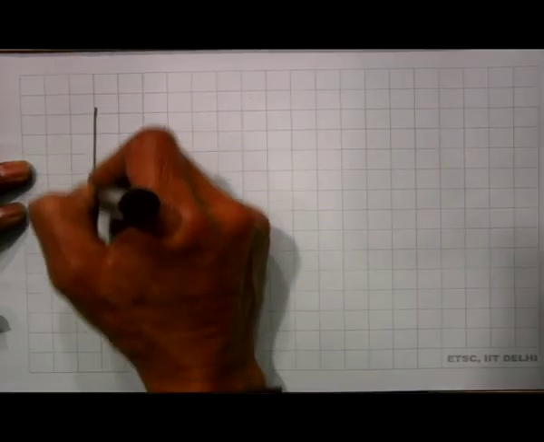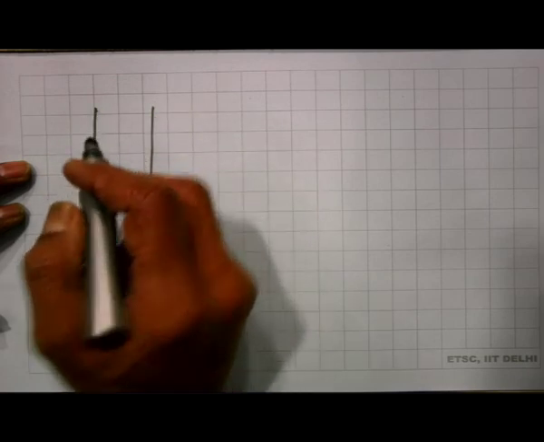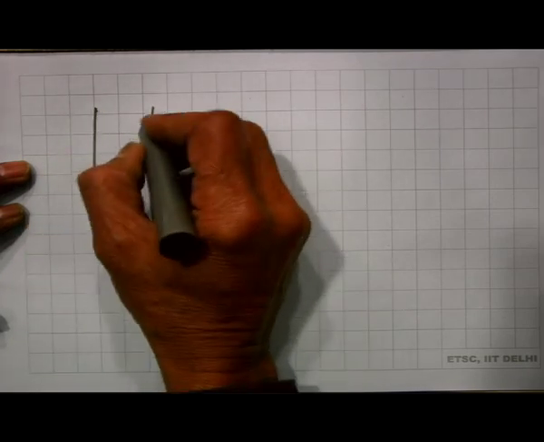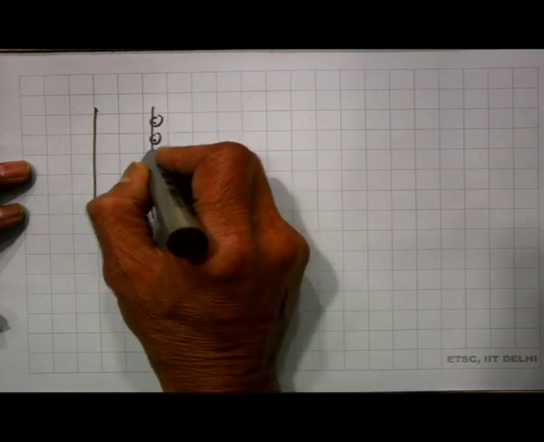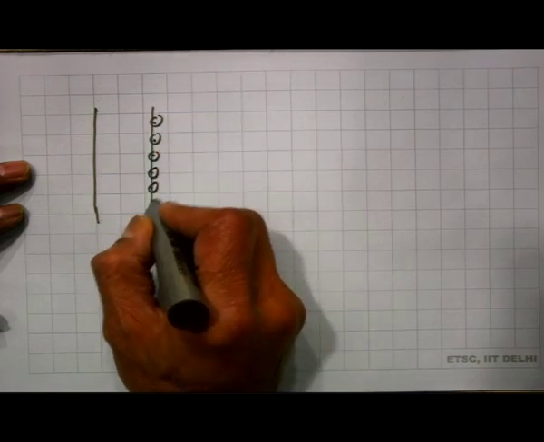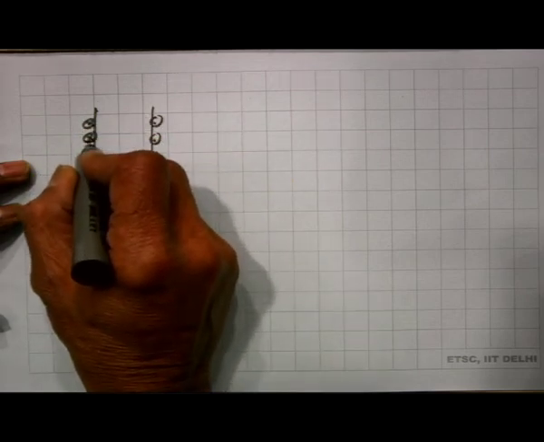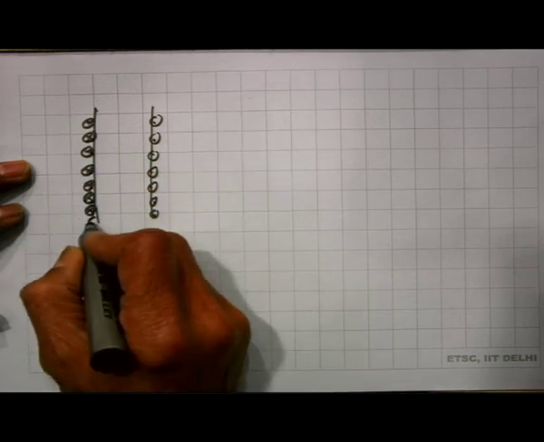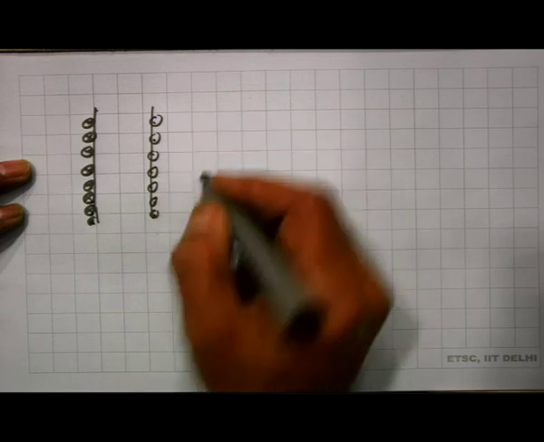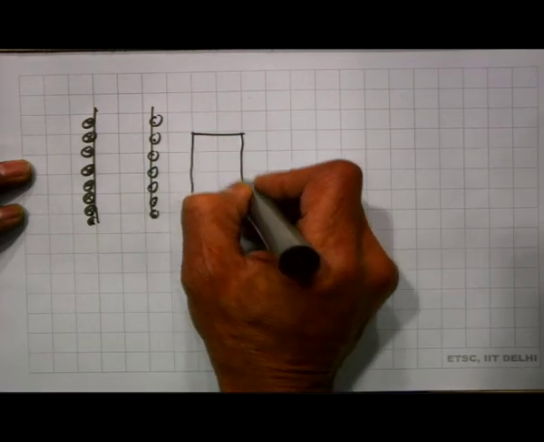So, let me draw the solenoid again here. This is a section of the solenoid. The current is coming towards me and entering here. These are the coils. Now, the first thing I do is take a loop outside.